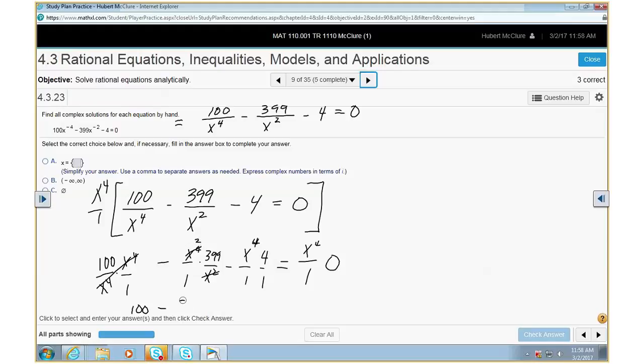So 399x squared minus 4x to the 4th equals 0. So now we've got negative 4x to the 4th minus 399x squared plus 100 is equal to 0.